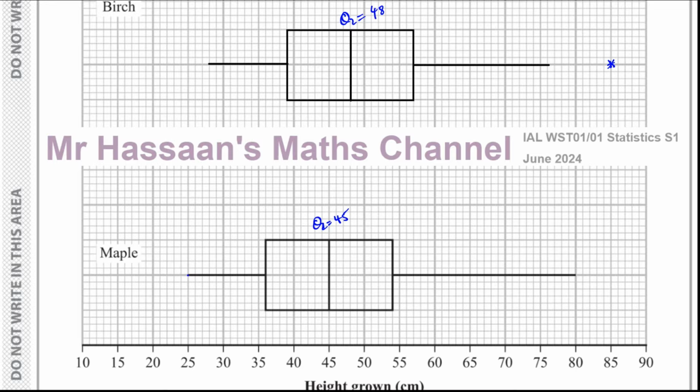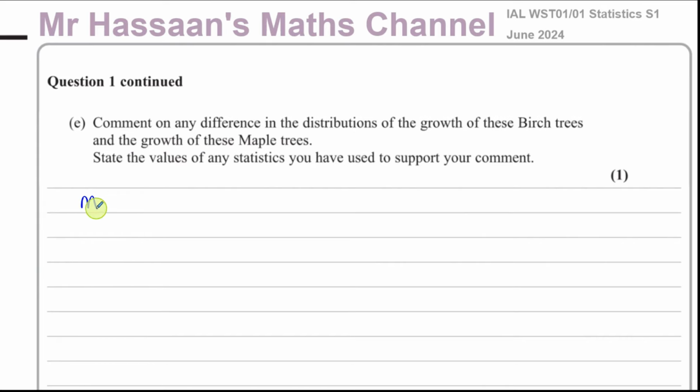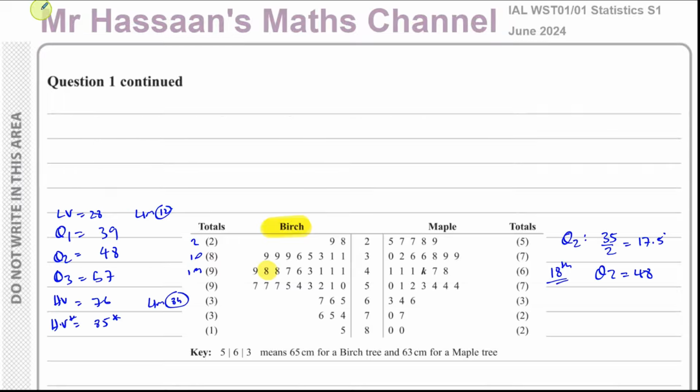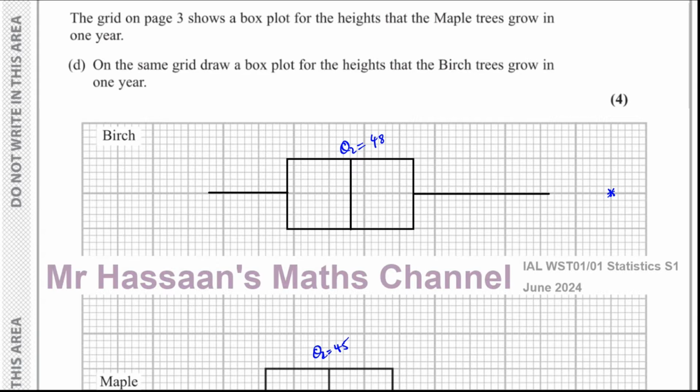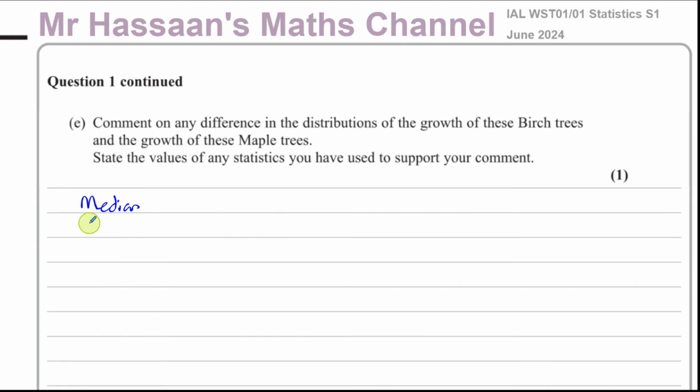So we can say that the median for the birch tree is 48, which is greater than the median for the maple tree, which is 45.